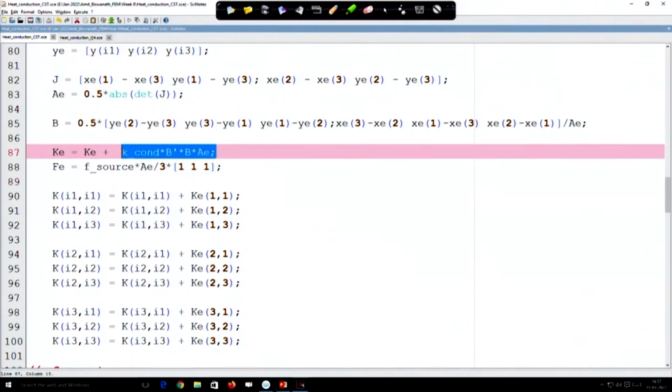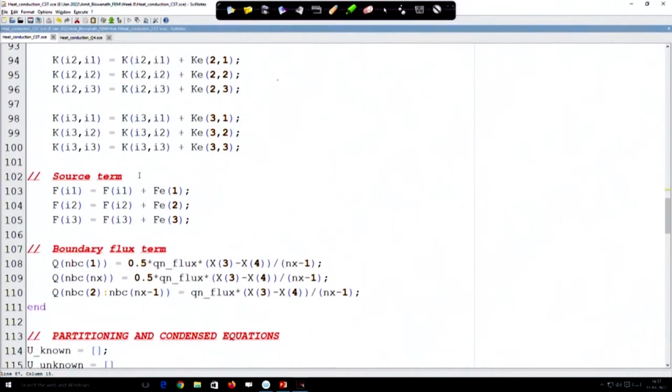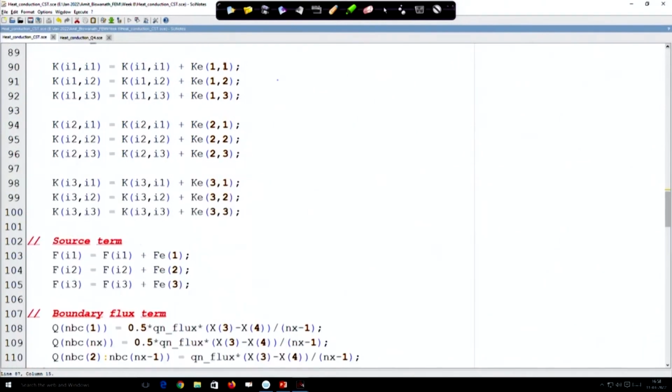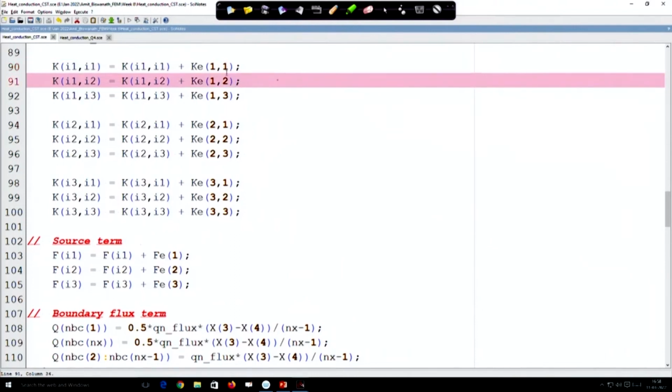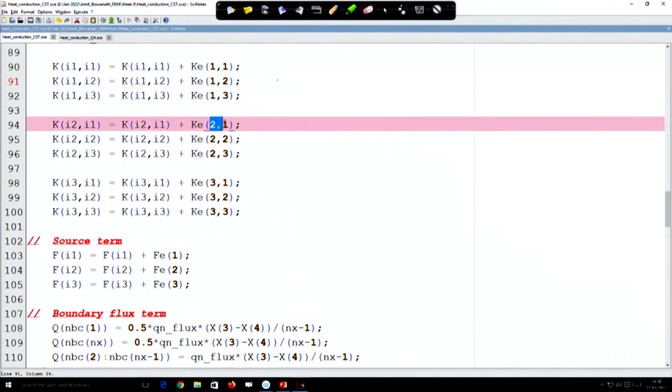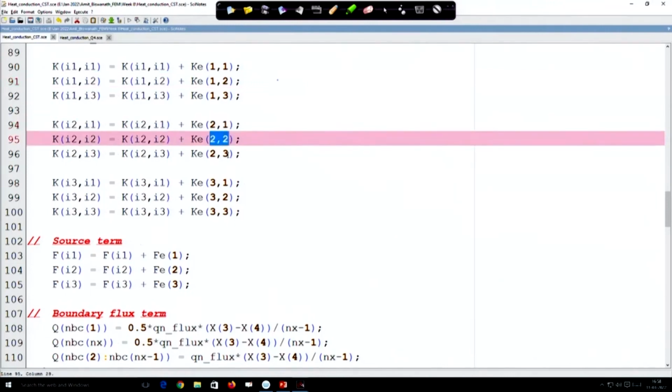And once this is done, the global coefficient matrix needs to be populated, right? Now we already know the element level matrix KE, and these 1,1, 1,2, 1,3 are the element level node numbers.